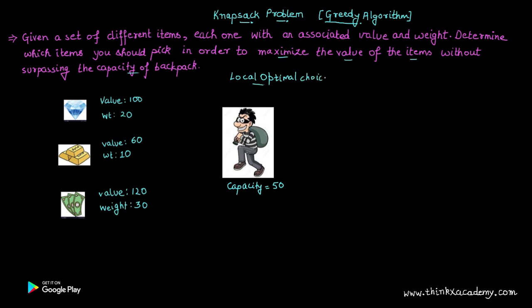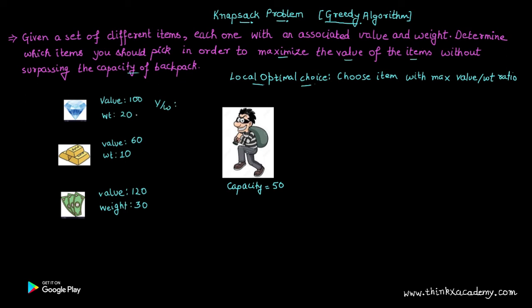The local optimal choice says that the thief will use a strategy: he will choose the item with the maximum value by weight ratio. So let's take out the value by weight ratio in all these cases.